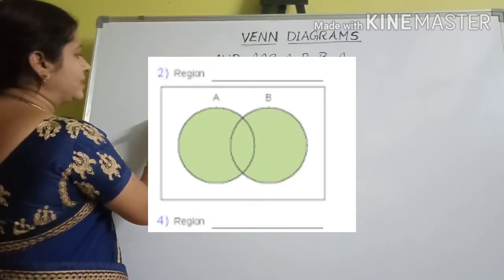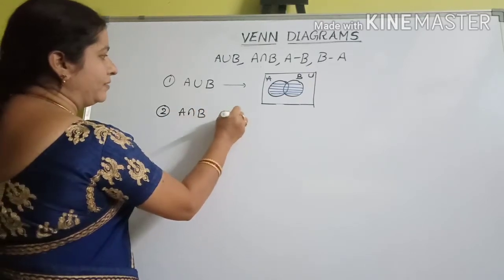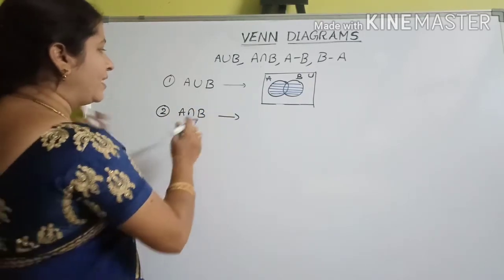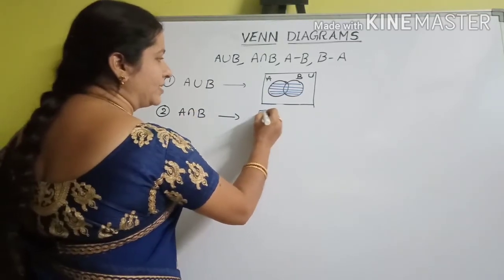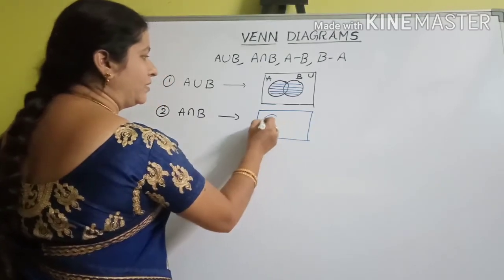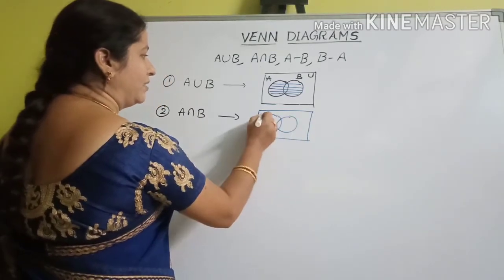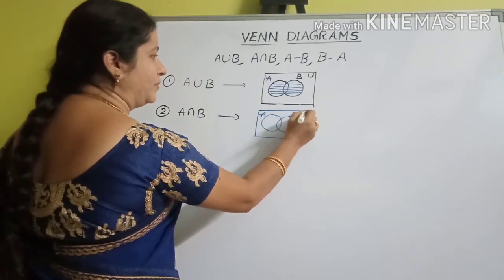So the shaded part belongs to A union B. Second one, A intersection B. What is the Venn diagram of A intersection B? How can we represent A intersection B through a Venn diagram? Here also you are taking two sets A comma B. This is the universal set mu.